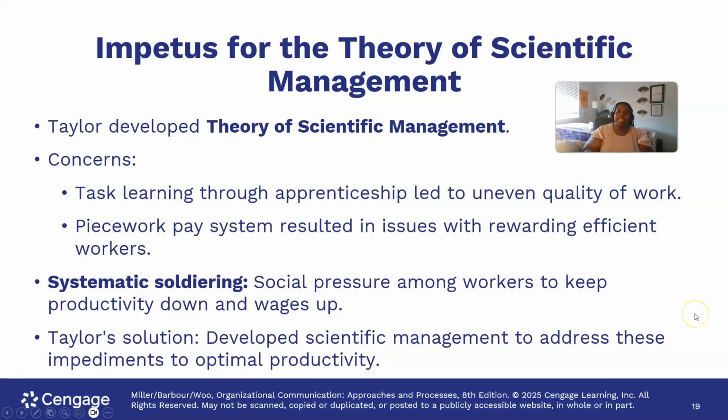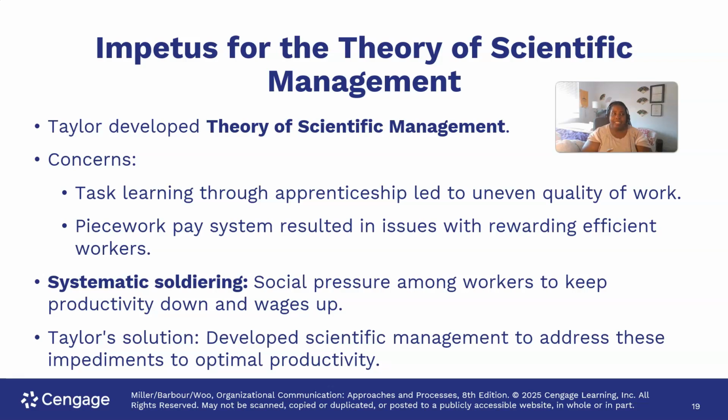All right. Next we have the theory of scientific management. I alluded to in the beginning of the lecture that we have a change from family businesses and small businesses to industry, right? And with that came the need for structure and order. Now we're refining that structure and order with the use of science.